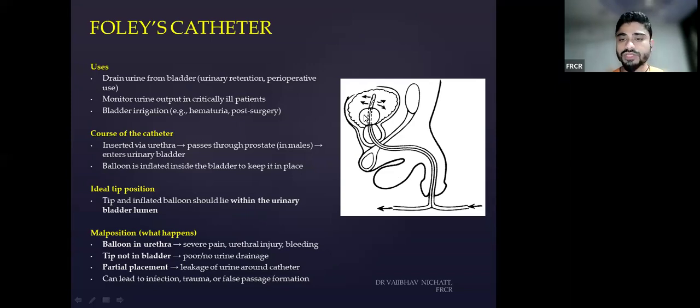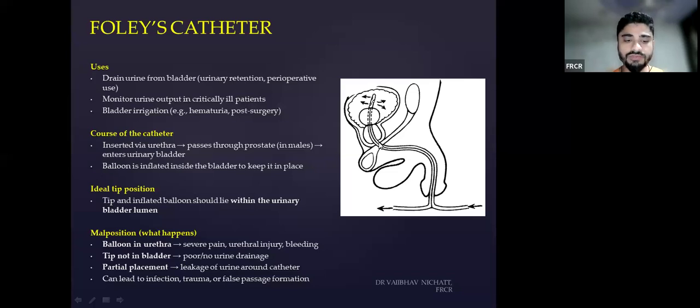Sometimes what happens, instead of inflating the Foley's bulb in the urinary bladder lumen, sometimes because of some iatrogenic mistake, the Foley's catheter bulb gets inflated into the prostatic urethra or bulbomembranous urethra. In those cases, patient will have severe pain and associated hematuria.